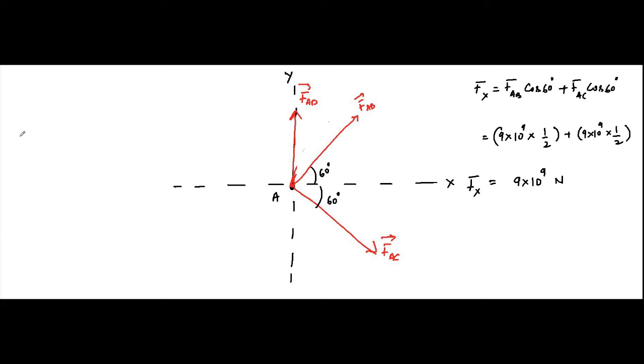Then for the vertical component along y axis, Fy will be, we have a vertically upward component FAD along the positive y axis, so that will be FAD plus the vertical component of FAB, which will be in the vertically upward direction, that will be FAB sin 60 degree.